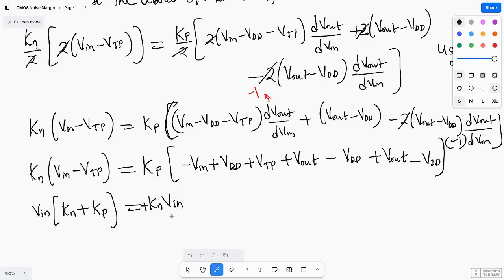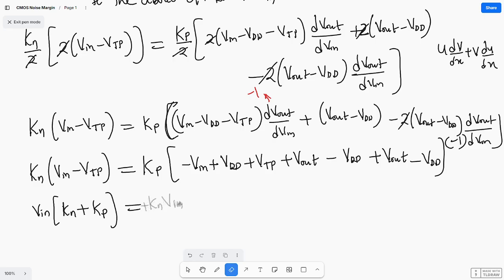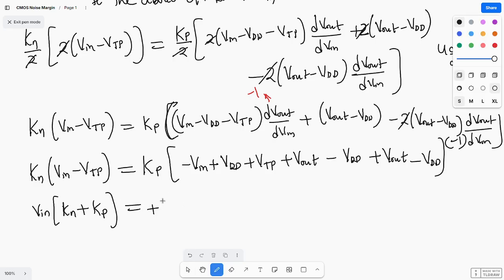Sorry, kn into plus kn into Vtp I will get, minus kp into VDD, plus kp into Vtp. Here anyway one V out will cancel, 2 kp into V out.